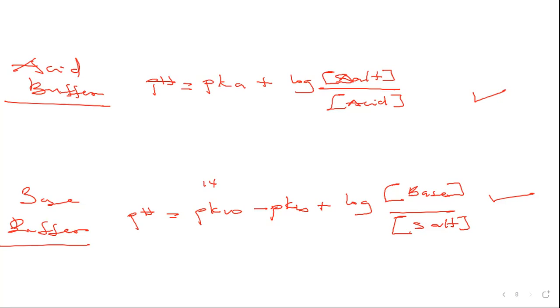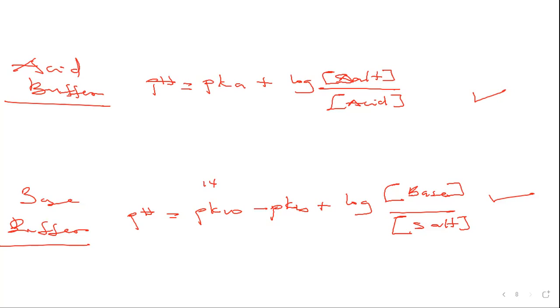Then the concentration of its salt is 0.1 molar. The first question we should ask ourselves is, is this an acidic buffer or a base buffer? And from what we have here, it's an acid buffer.